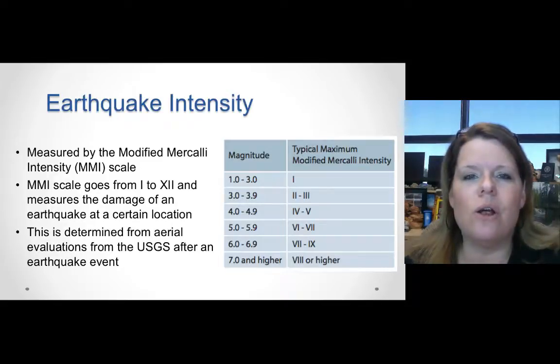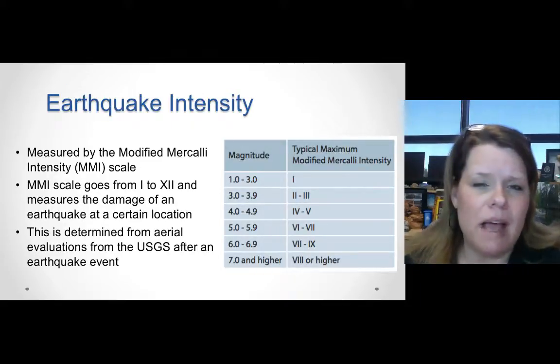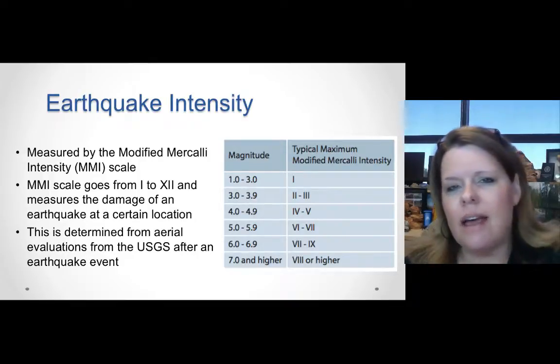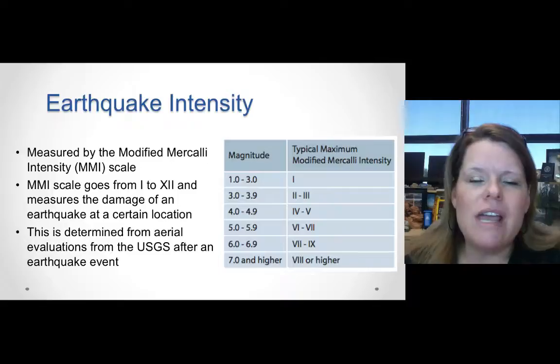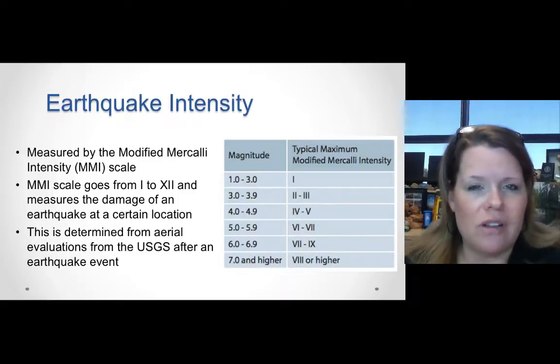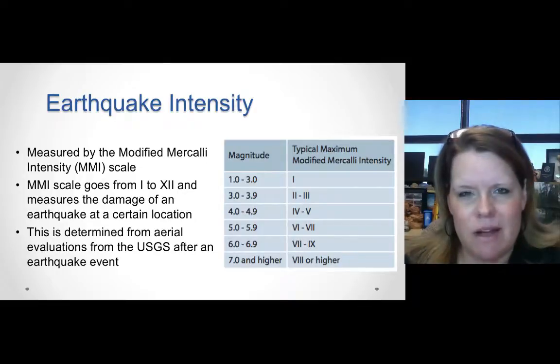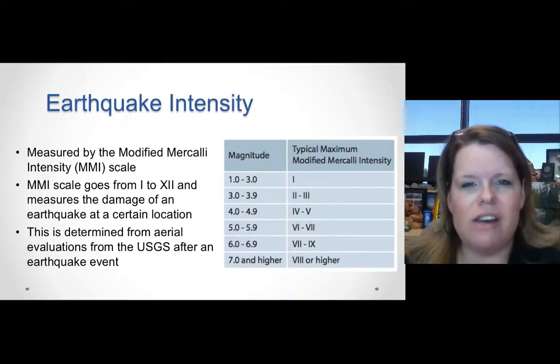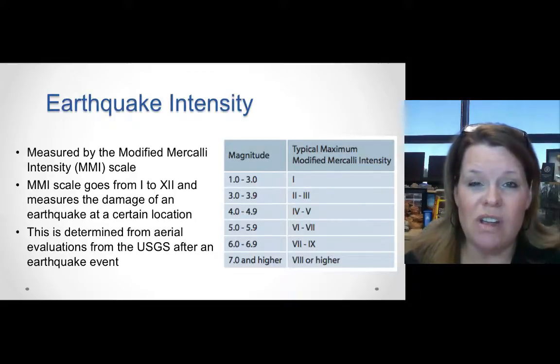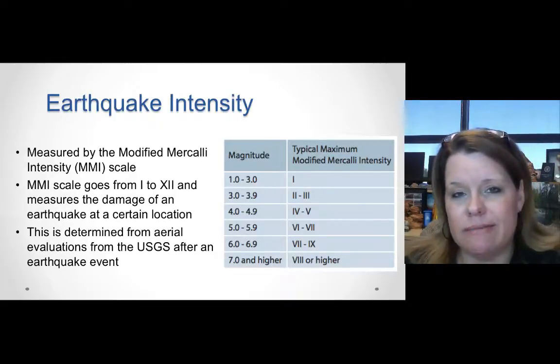One is for planning for municipalities, for risk factors like risk management, for landslides, mudslides, and so forth. And then the second reason is for insurance claims, because if you tell your insurance agent that you lost everything in an earthquake and it had an MMI rating of like a 2, they'd go, seriously? You're going to have to pay for us to come out and look at that one.